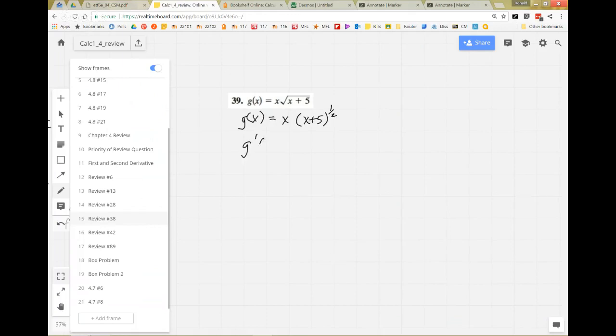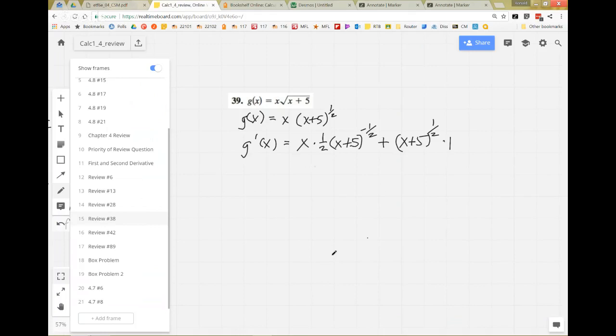First derivative, product rule. The first times the derivative of the second. We chain rule, but it's 1 plus the second times the derivative of the first. Okay, let's rewrite this a little bit.